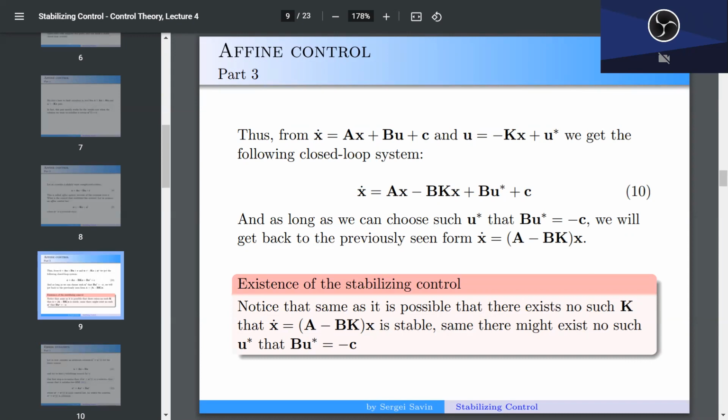So x star can be given as any vector. I'm not sure if I'm using notation right now. I don't like doing it on the fly, but any A pseudo inverse times C, anything like this. But that I don't like. I like this better. Why?